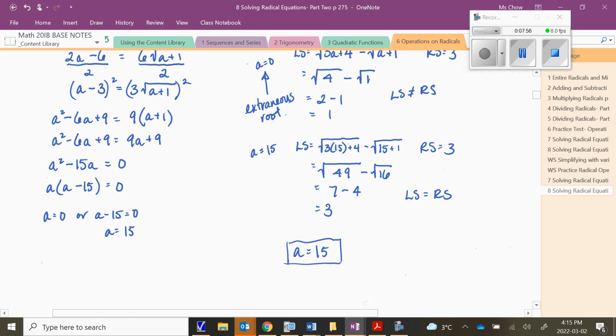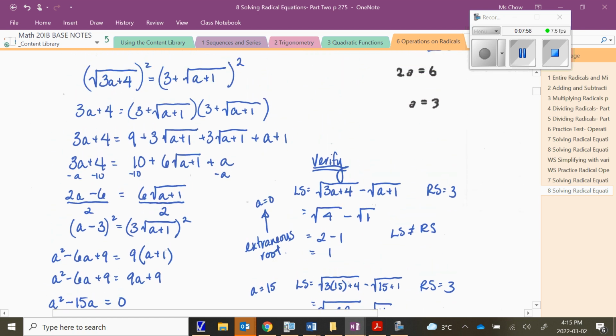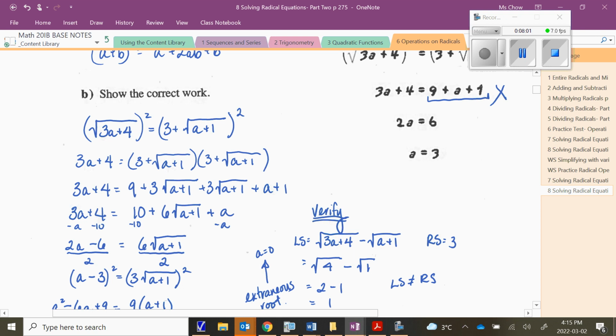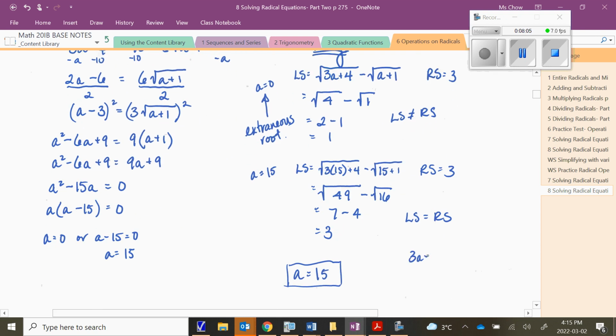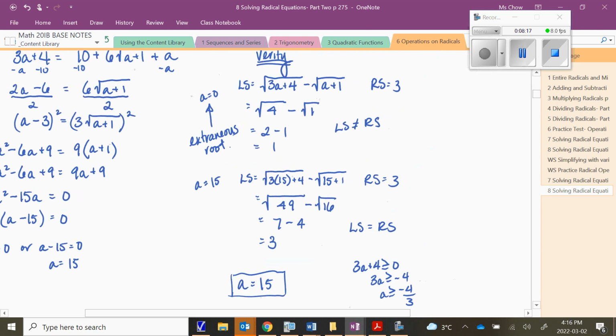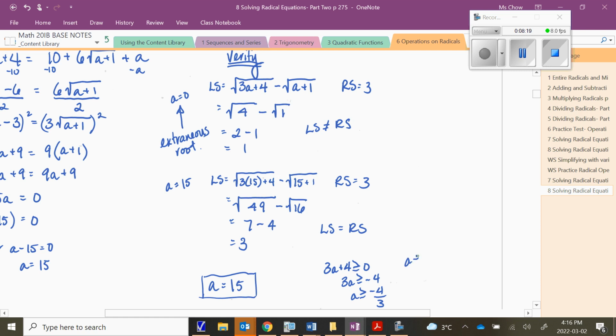If we wanted to also just check our restrictions as well, we know that 3a plus 4 must be greater than or equal to 0. So 3a is greater than or equal to negative 4. A is greater than or equal to negative 4/3. And 15 definitely satisfies that. We also know that a plus 1 is greater than or equal to 0, so a is greater than or equal to negative 1.